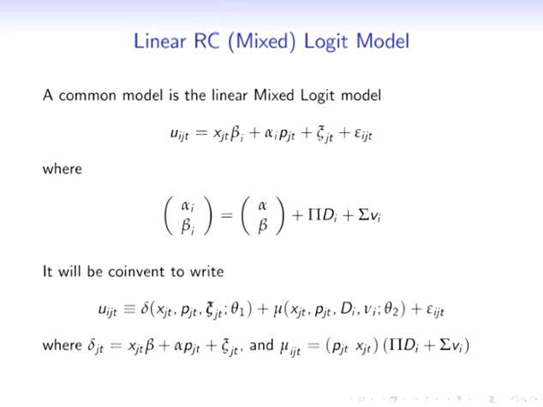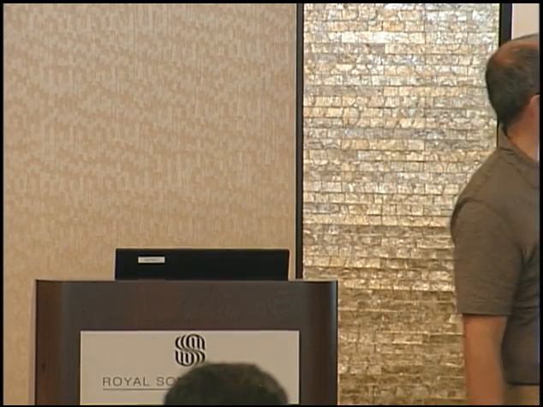The utility for individual i from brand j at market t is xjt times beta i, so different individuals value these characteristics differently, plus alpha i times pjt, where alpha i is the marginal utility of income, plus psi jt plus epsilon ijt, which is the Logit error term. Now we're going to assume that these taste parameters, alpha i and beta i, are distributed.